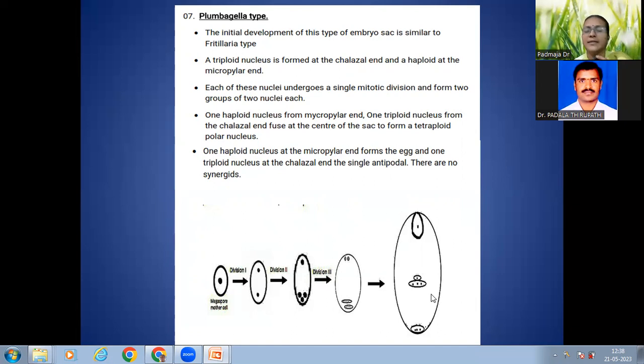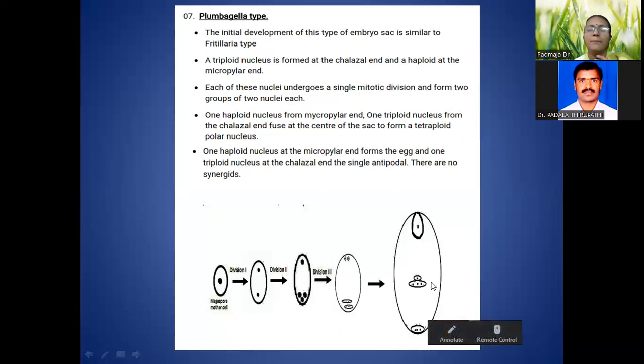And after fertilization, one of the male gametes fuses with the egg. As a result, zygote is formed. Another male gamete fuses with the polar nucleus. The polar nucleus consists of 4 nuclei. So by adding another male gamete after fertilization, now the endosperm condition is 5n.